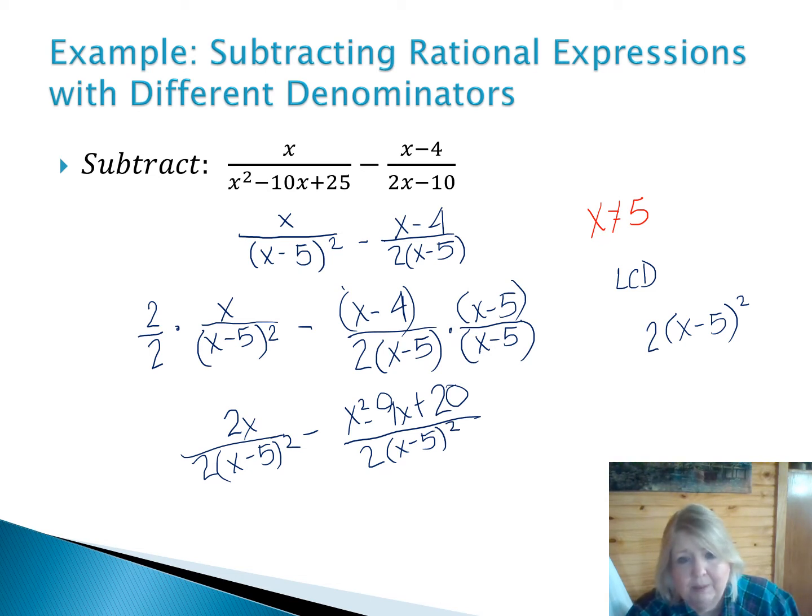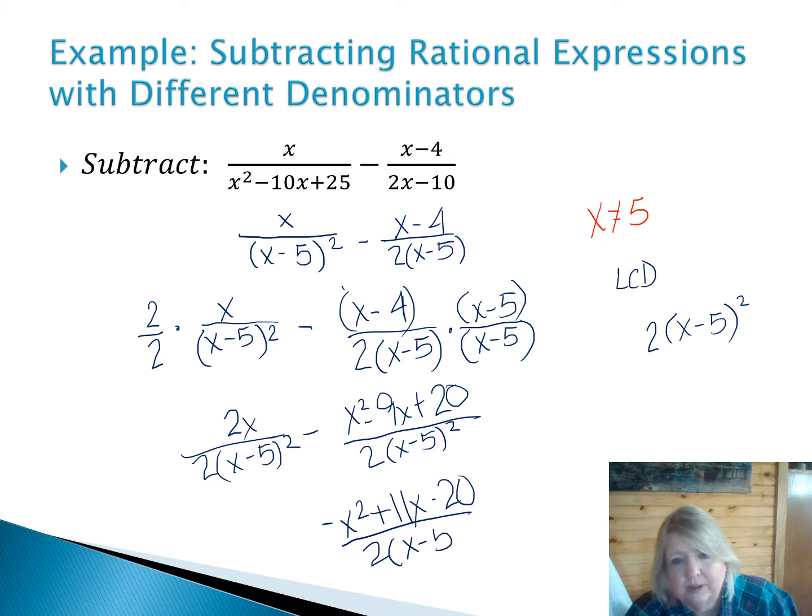I have 0 minus x squared, that's negative x squared. I have 2x minus negative 9x, so 2x plus 9x is 11x. 0 minus 20 is negative 20. And that'll be over 2 times (x minus 5) squared.